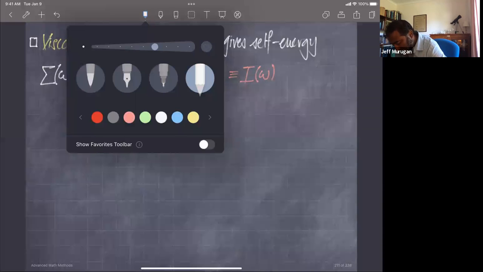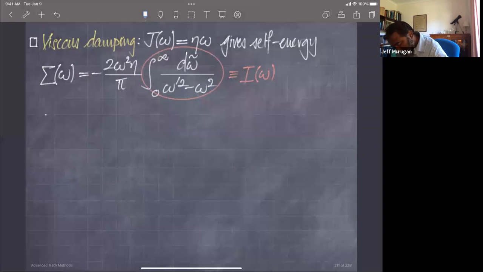So to solve the integral I of omega, we notice the following.